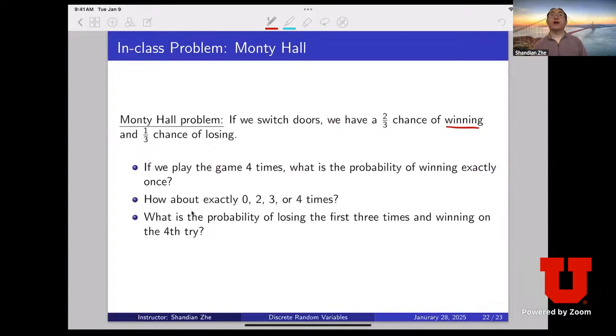So that's why we should switch the gate when the host is showing you some gold under gate 3. So now suppose we play the game 4 times. What's the probability of winning exactly once?